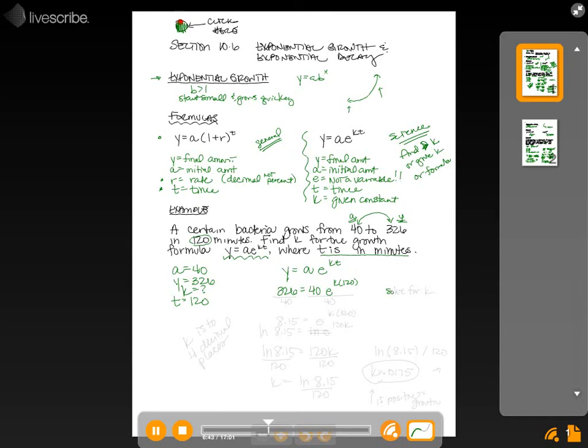Your goal is to solve for K. To do that, you're going to go through your steps for solving a problem with base E. The first thing you want to do is get E by itself. So we're going to divide both sides by 40. 326 divided by 40 is 8.15 equals E to the K times 120 power, or 120K, you can write it either way.